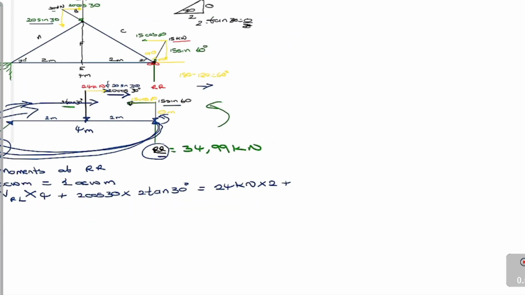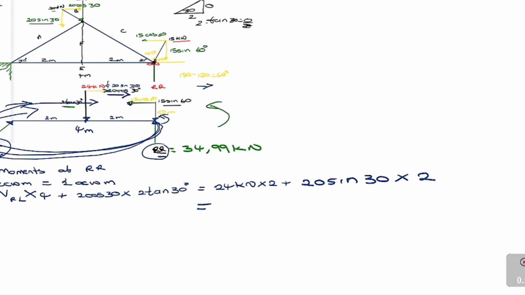I will have to add the horizontal component as well. No, sorry, not the horizontal component. The vertical component of the 20. So I'll say plus 20 sine 30 times the distance, which is also 2. Okay, like that. And then I will have to find out what the answer is.